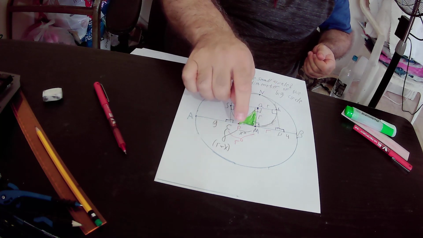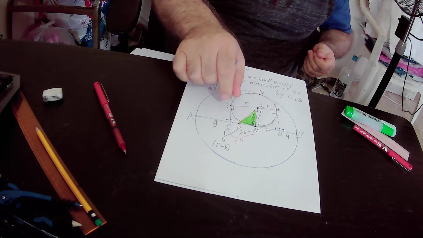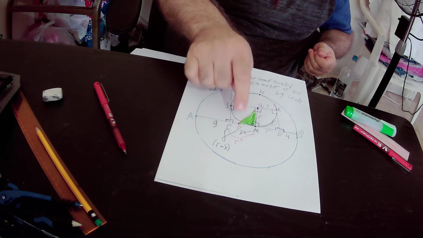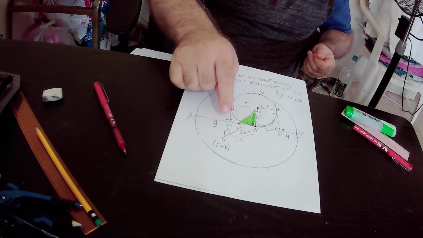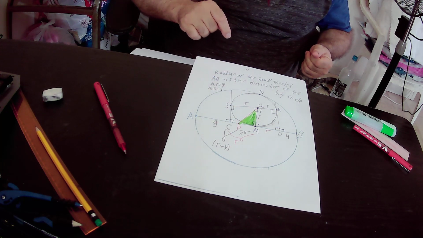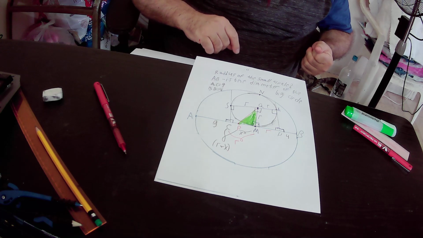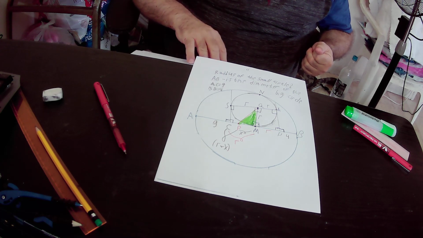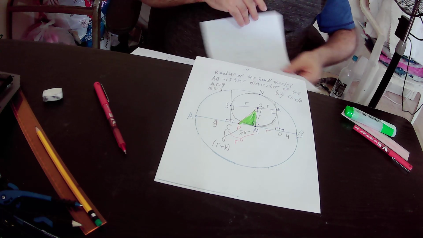And CM is small r and PM is x. So CP equals small r minus x.